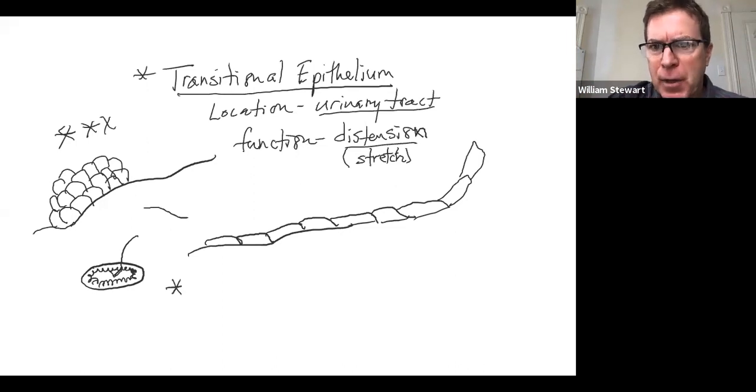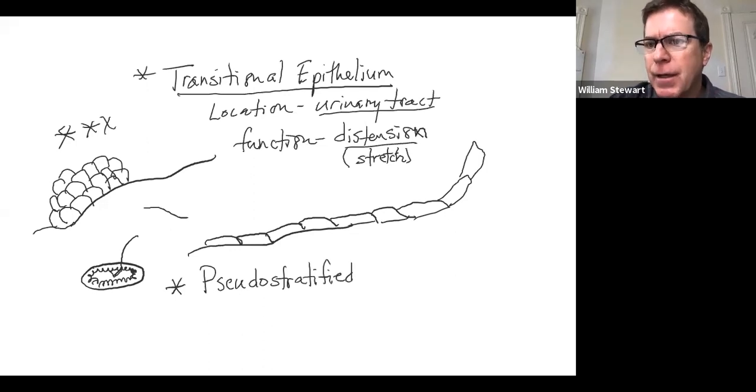And here's the last special category. It is pseudostratified columnar epithelium. It's a long name, but it tells us exactly what it is. Okay, let's define this first.